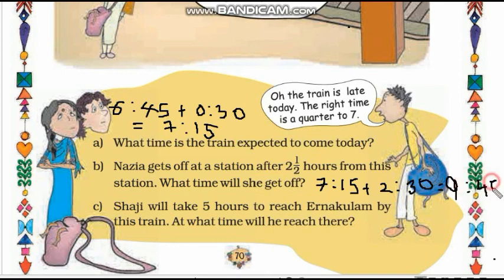We got the answer here. Nazia will get off at 9:45 hours.